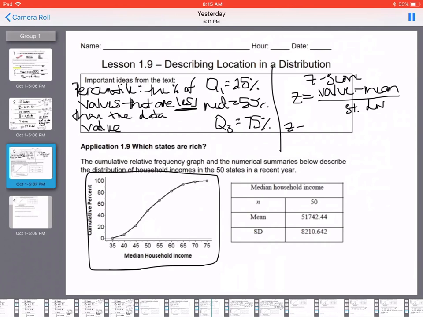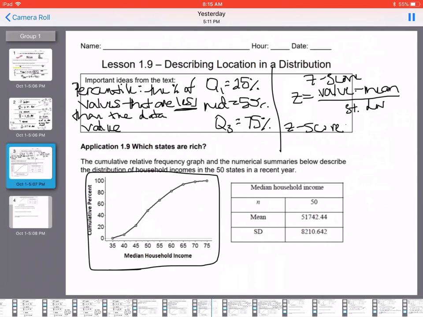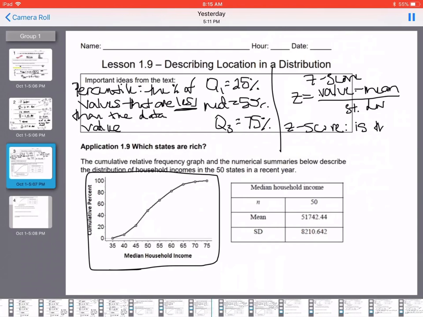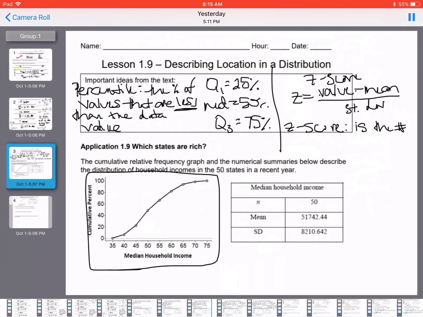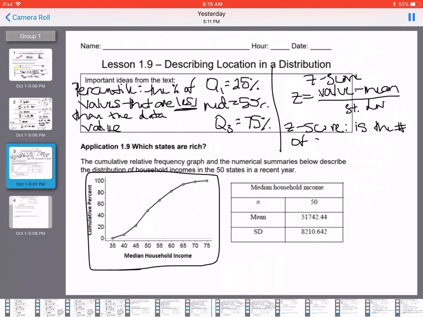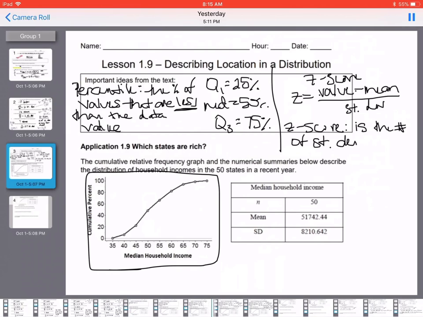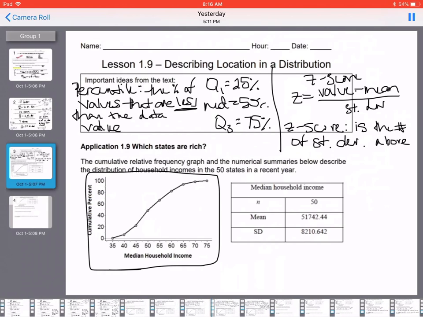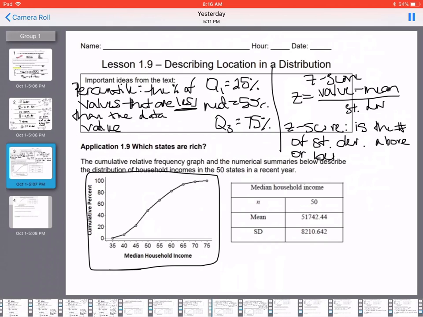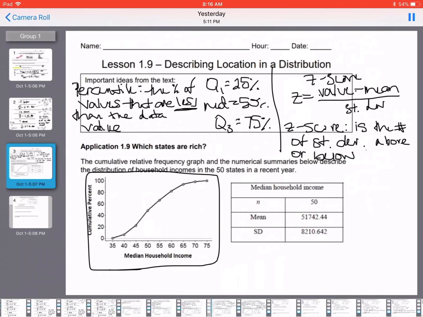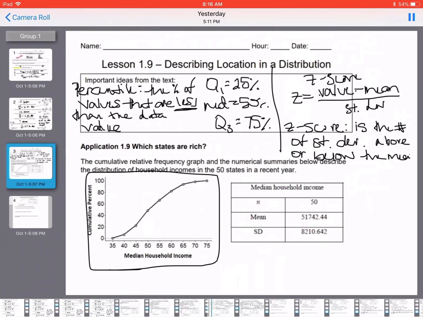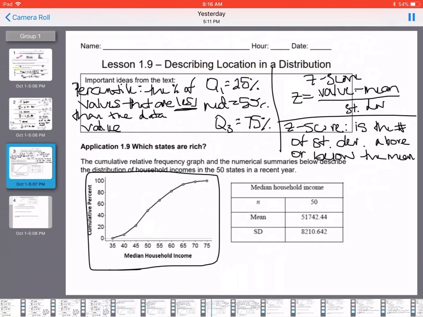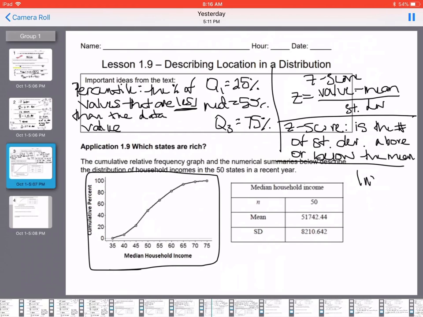If they ask you to interpret your z-score, it is the number of standard deviations above or below the mean. If it's positive, it's above. If it's negative, it's below.